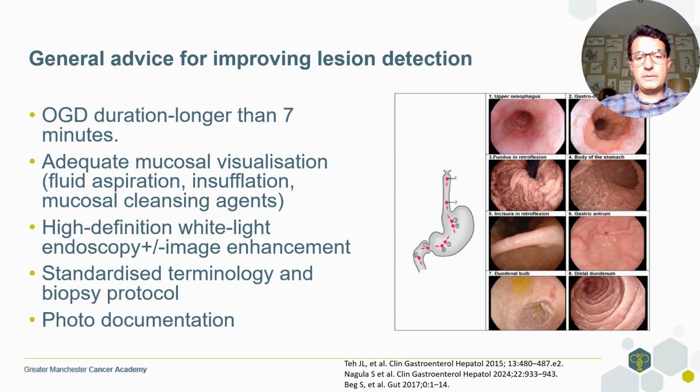As a bare minimum, we should have photo documentation from mid-esophagus, lower esophagus, GOJ region, retroflexion at the cardia and fundus, mid-gastric body, incisura, antrum, D1 and D2.